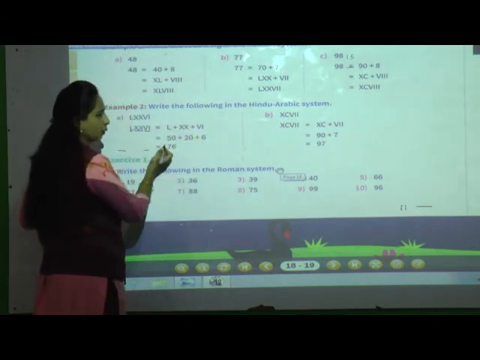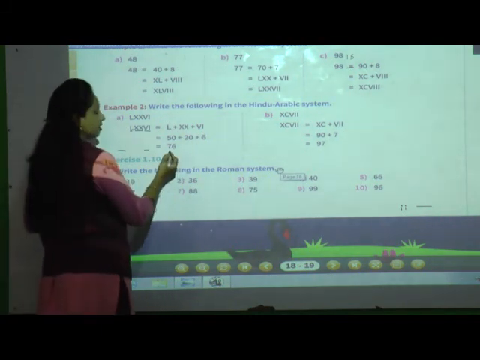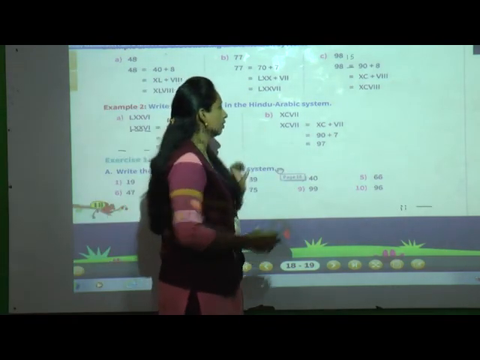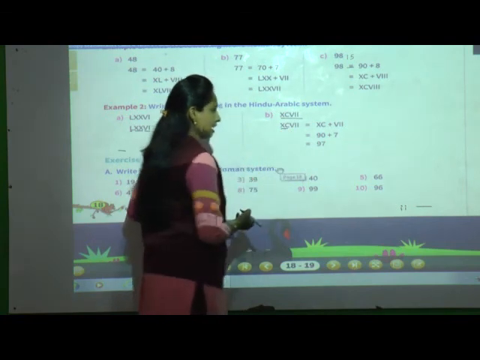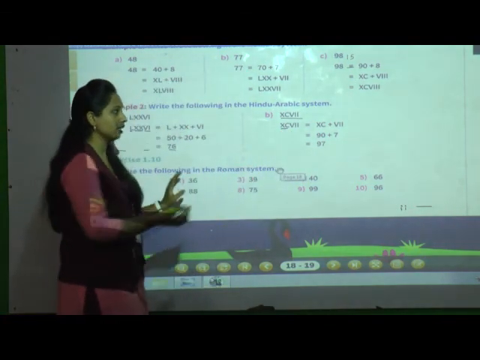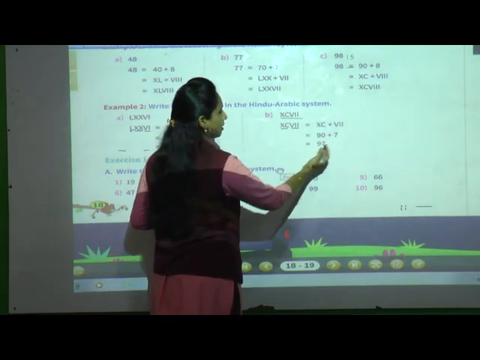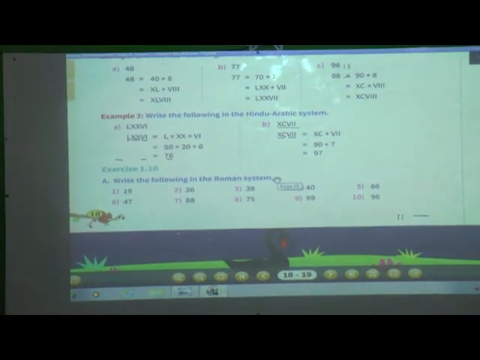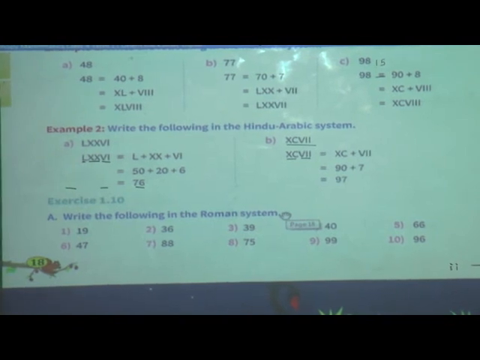Just add together, 50 plus 20 becomes 70, 70 plus 6, 76. Now one more example. See, XC value is 90 and VII value is 7. So 90 plus 7 is equal to 97. Understood till here? Yes. Now we will start our exercise 1.10.